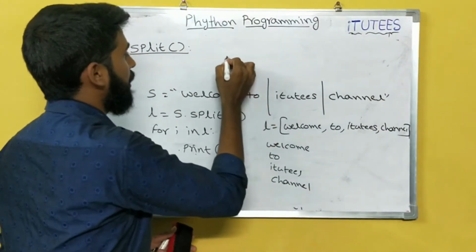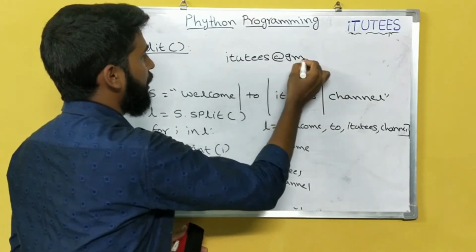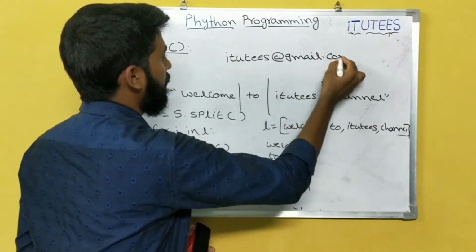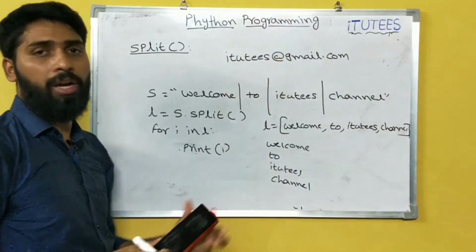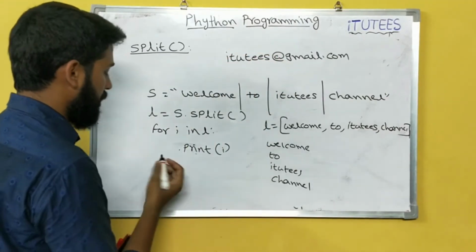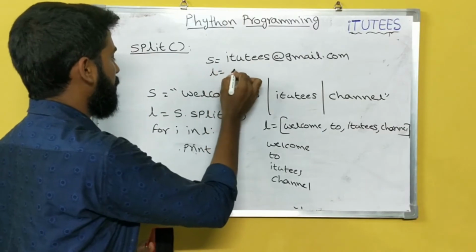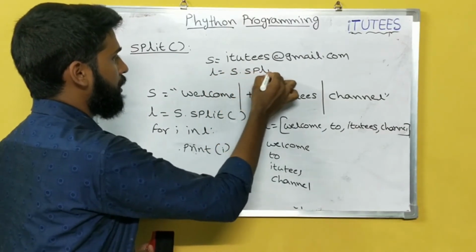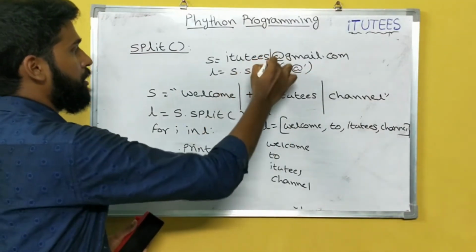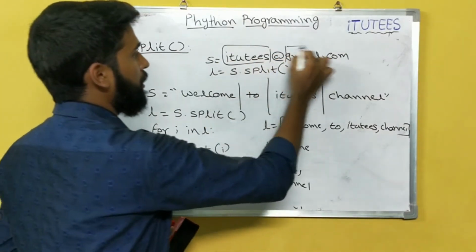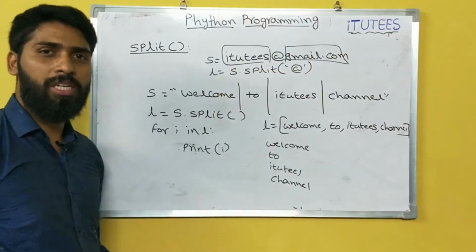For example, a mail ID, itutees@gmail.com. I want to split this string where the @ occurred. How? Simply S equals to, after that L equals to S.split('@'). That's it. Now this is one part stored in L and this is another part. Okay, I hope you understand how we can use the split function.